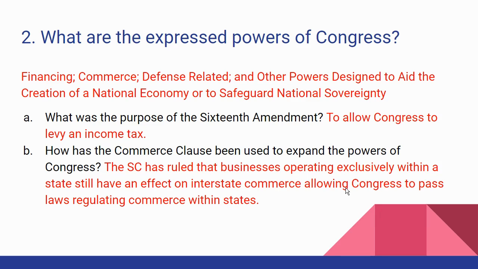Well, the Supreme Court ruled that the availability of motel rooms affected interstate travel of truckers. So even though they were a business operating specifically within the city of Atlanta and the state of Georgia, the Supreme Court ruled that because they could affect interstate commerce, they could be regulated by this clause. So rulings similar to that have given Congress broad authority to regulate commerce even within a state.